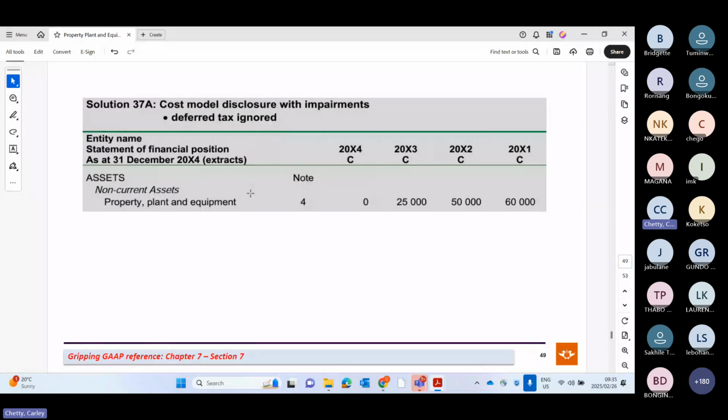In this scenario, we had 20x1, 20x2, 20x3, and 20x4. The property, plant, and equipment was shown as a line item here, and all of these amounts come from note 4. In your tests and exams, this is what you must do. Obviously, we need to know how you got these amounts, and that will be shown in the reconciliation.